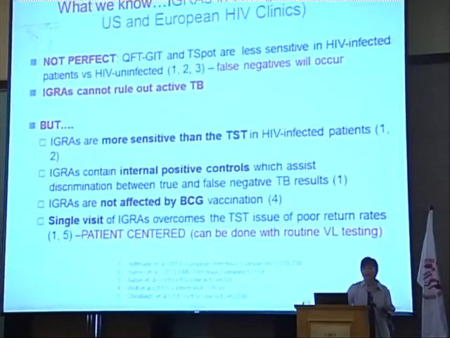And in HIV clinics, the return rate is usually, guess what, 50% or less, okay? So even if the skin test was more sensitive, there's no way it can be sensitive if you don't come back. So I'm going to just stop here.